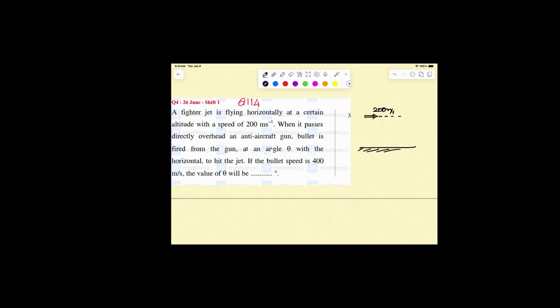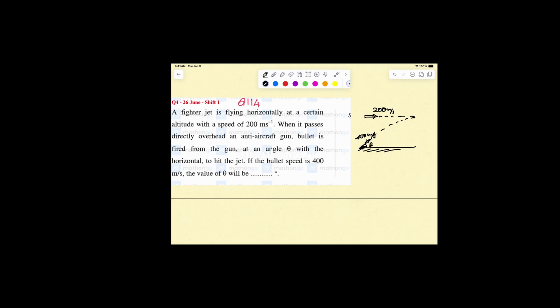Now the anti-aircraft gun fires the bullet when the jet is just overhead. That means at this particular point of time it is firing a bullet. The bullet speed is 400 meters per second at an angle theta, such that when this bullet goes like this, it then hits the aircraft jet.